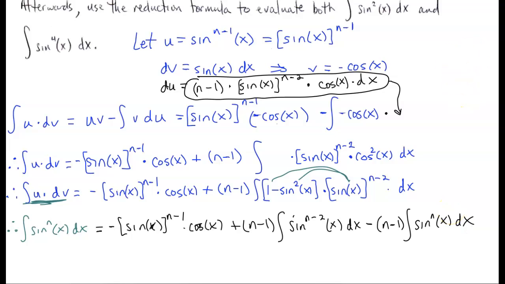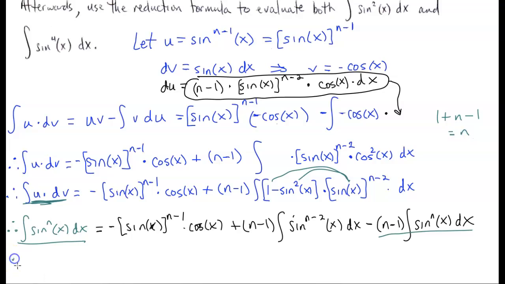And so if we look here, we'll see that this term and this term are like terms. So what we could do is add this term to both sides. And if we do that, we're going to have 1 plus n minus 1. And of course, 1 plus n minus 1, that just equals n.